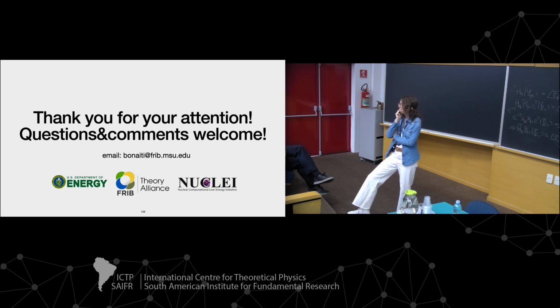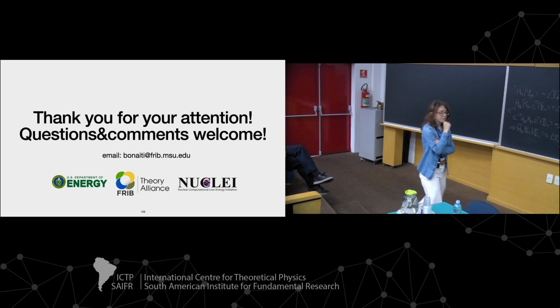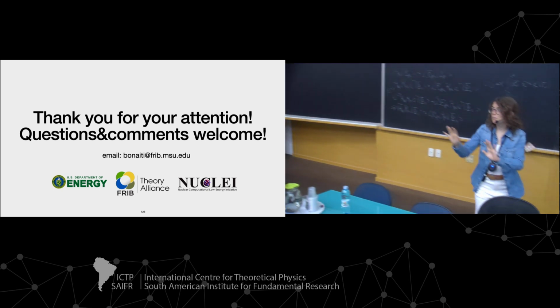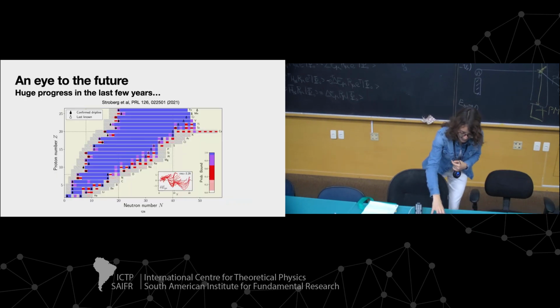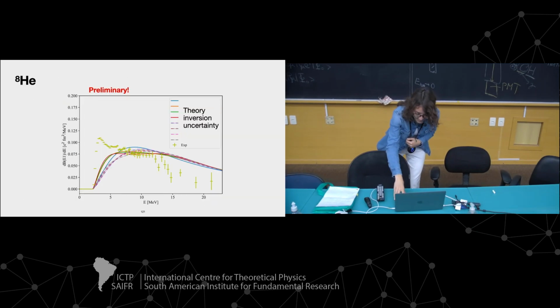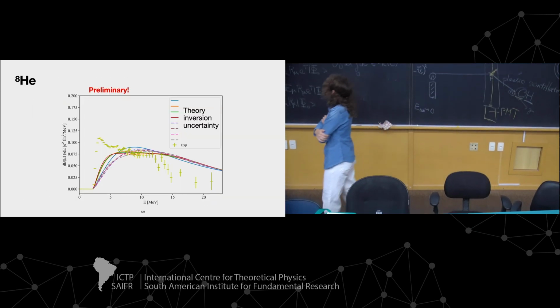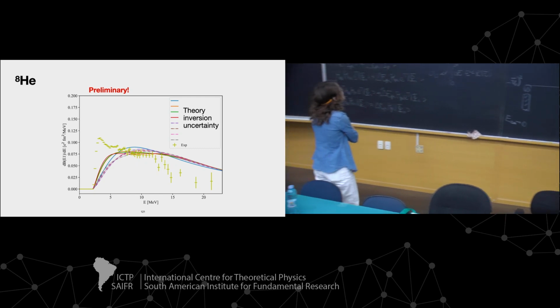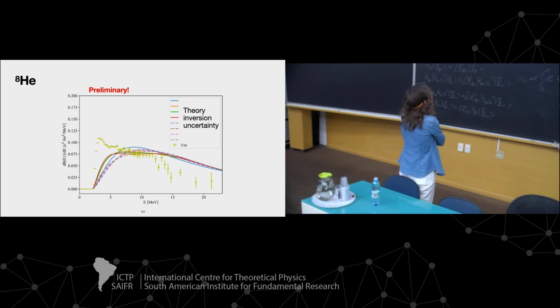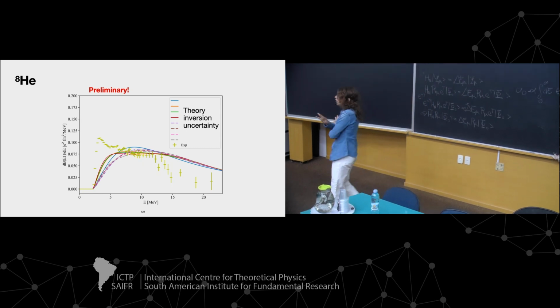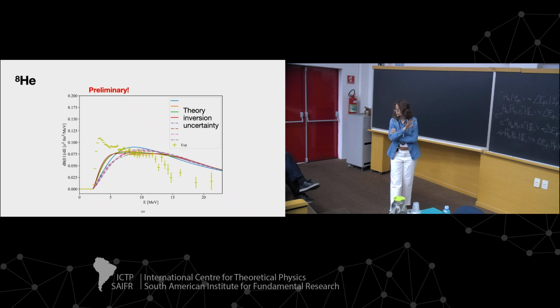Can you go to this B1 strength for helium-8? Yes, this is preliminary. For the experimental results, the two peaks, are they related to 2-neutron breakup and 4-neutron breakup? The data include 2 neutrons and 4 neutrons.